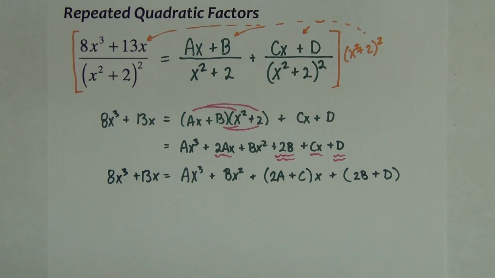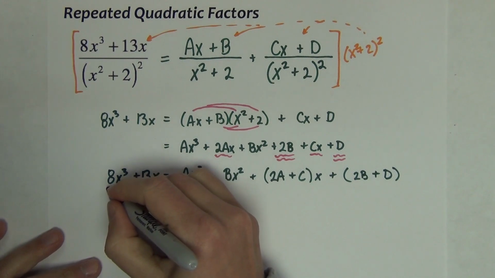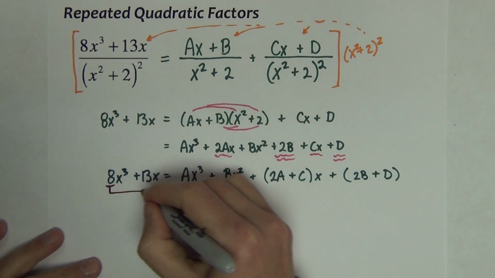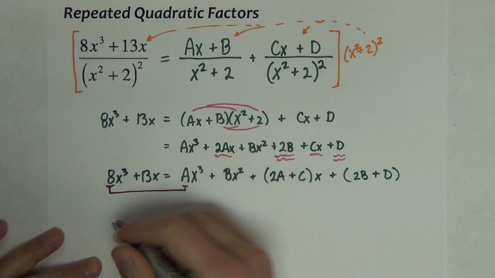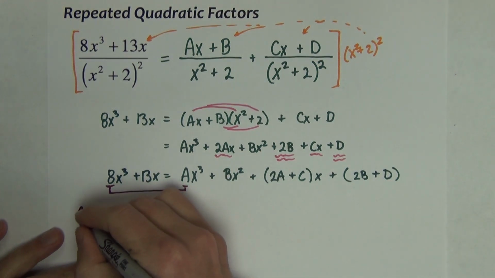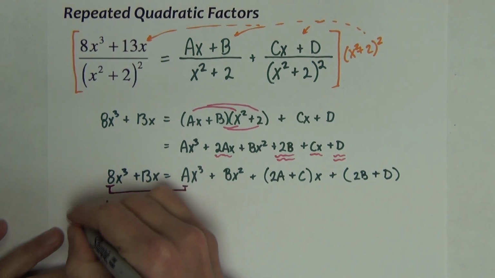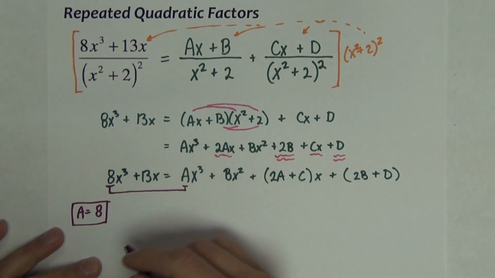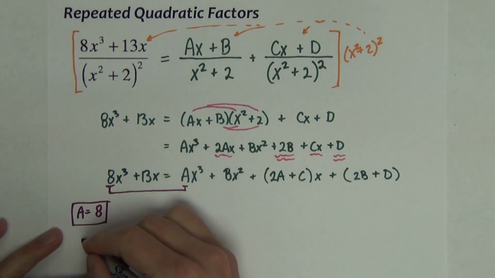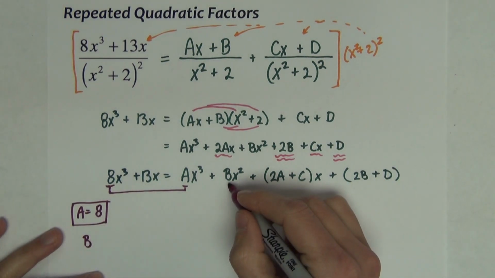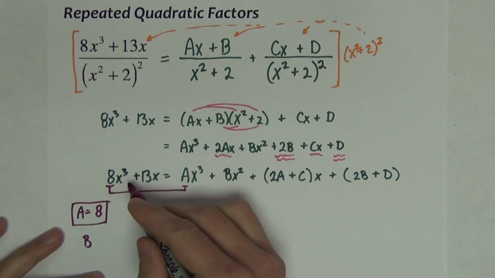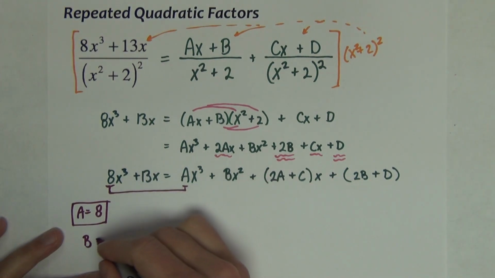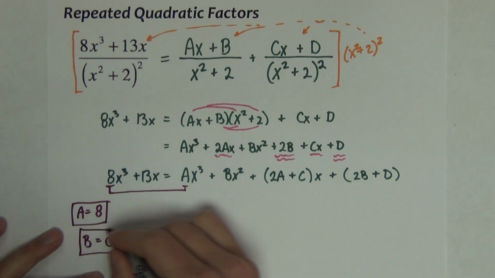Alright, now it's ready to start comparing coefficients. The 8 matches up with the a because they're both x cubed, so a equals 8. Now notice the b is in front of the x squared. There is no x squared over here, so b's coefficient is 0.